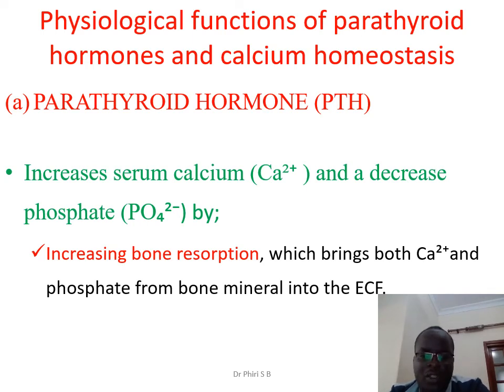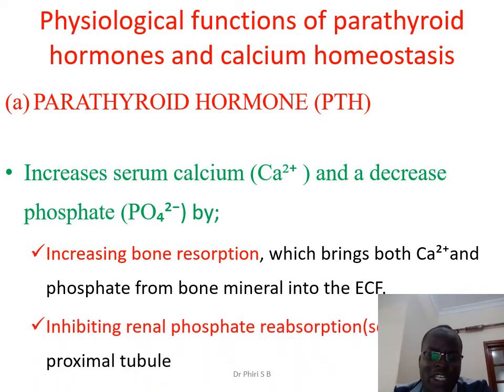Why? It's because the parathyroid hormone is increasing bone resorption, which brings both calcium and phosphates from the bone minerals into the extracellular fluid compartment. You are mobilizing calcium and phosphates from the bones. At the same time, the same hormone is inhibiting renal phosphate reabsorption. It's going to inhibit the reabsorption of phosphates from the kidneys in the proximal convoluted tubule.